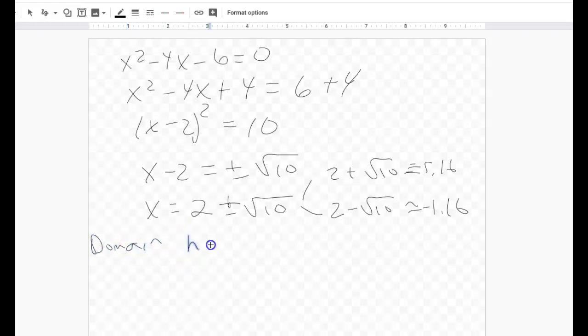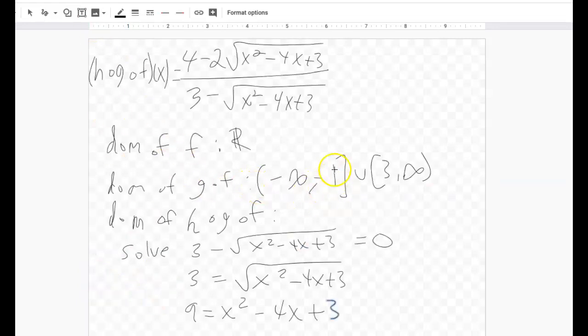And so the domain for h of g of f is going to be negative infinity to, okay, so we know that negative 1.16 is going to be smaller.